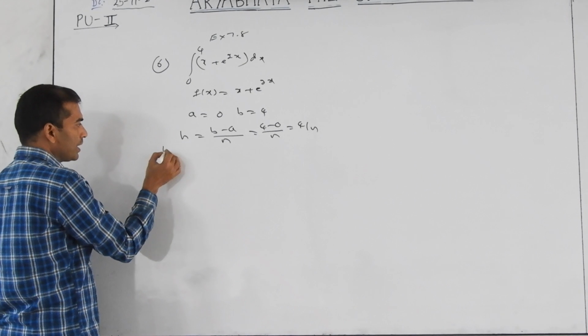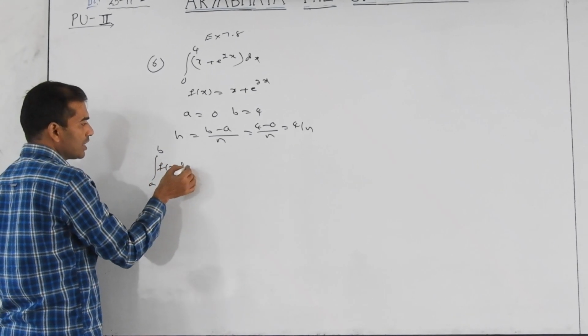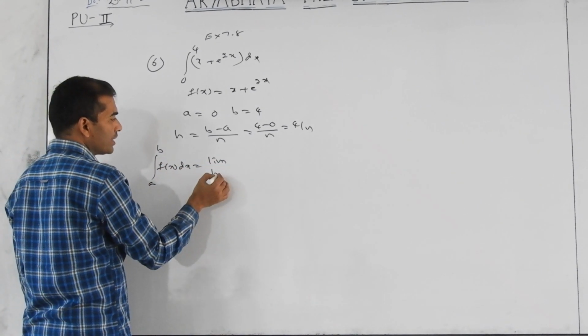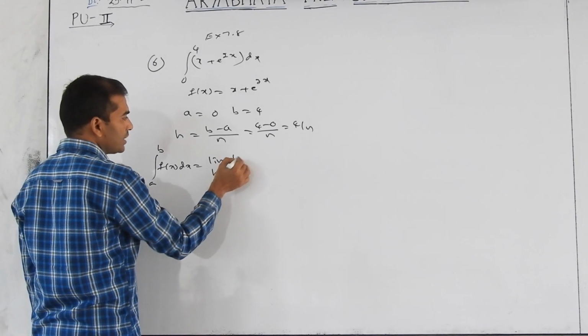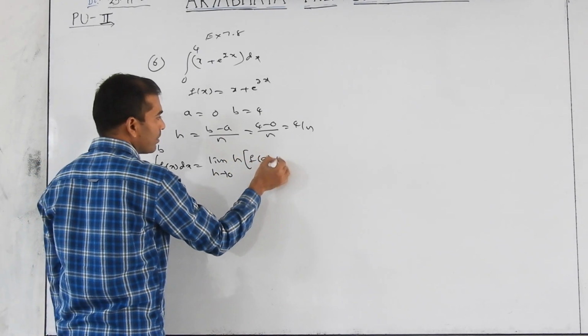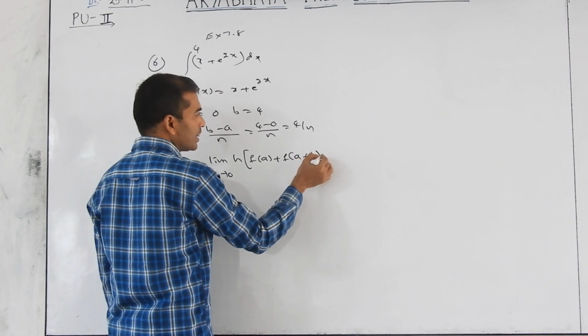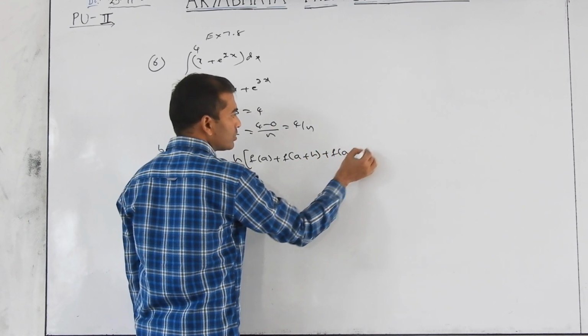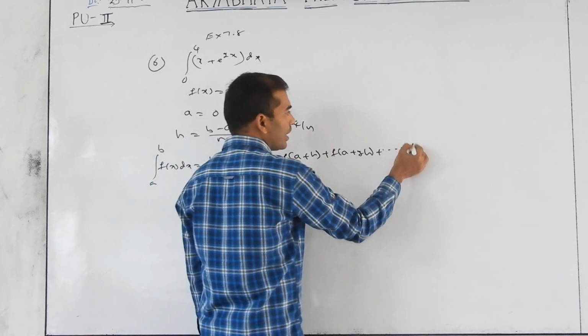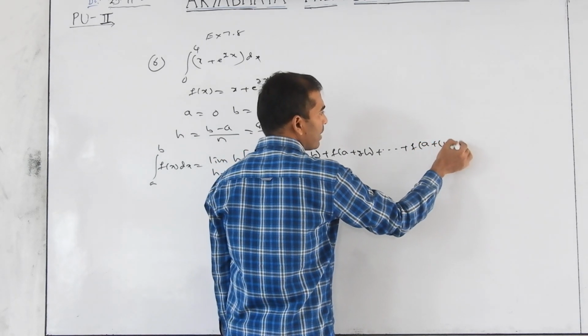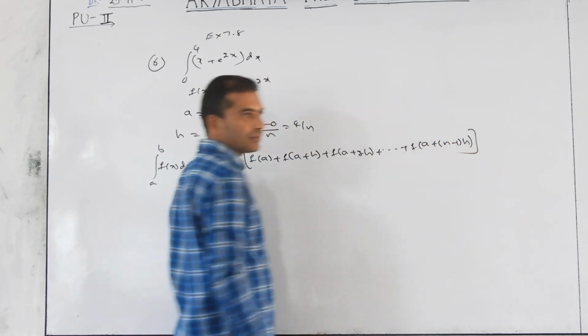Integration from a to b of f of x dx is equal to the limit as h tends to 0 of h into [f of a plus f of a plus h, f of a plus 2h, and so on, up to f of a plus (n minus 1)h].